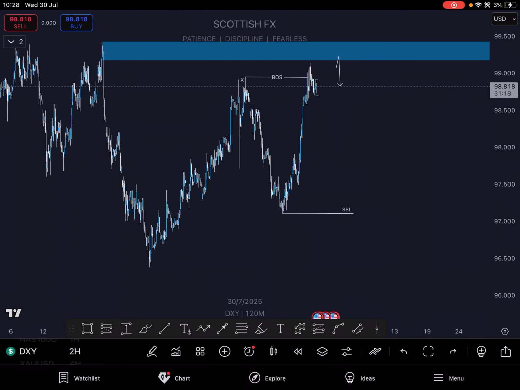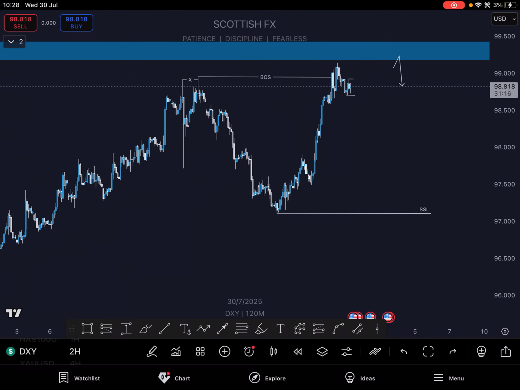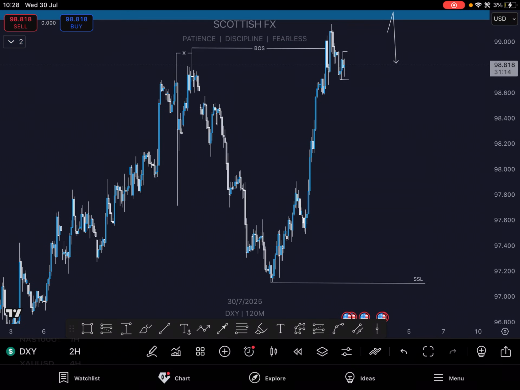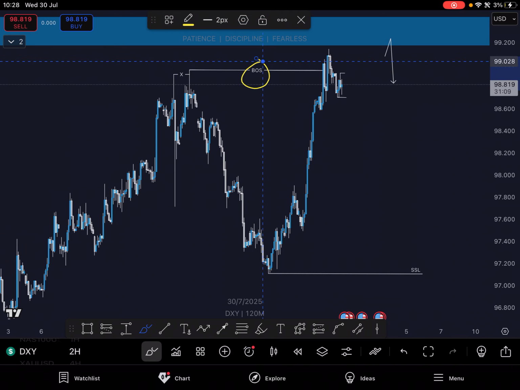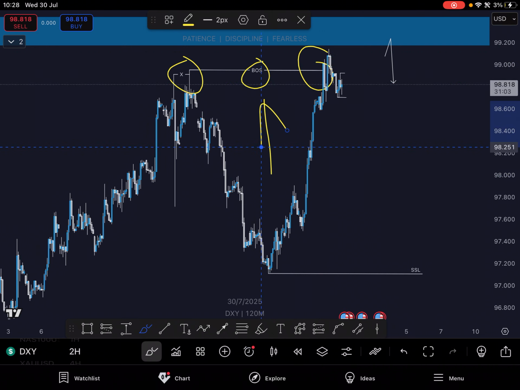In the H2 you can tell we already have a break of structure, because the market already took out this higher high with the body here, confirming a strong break of structure.